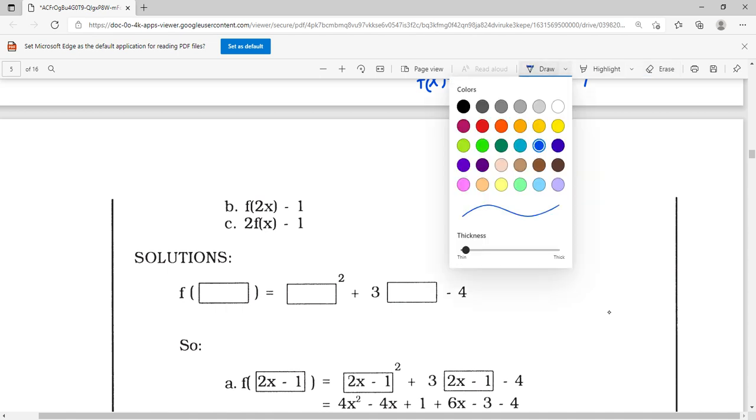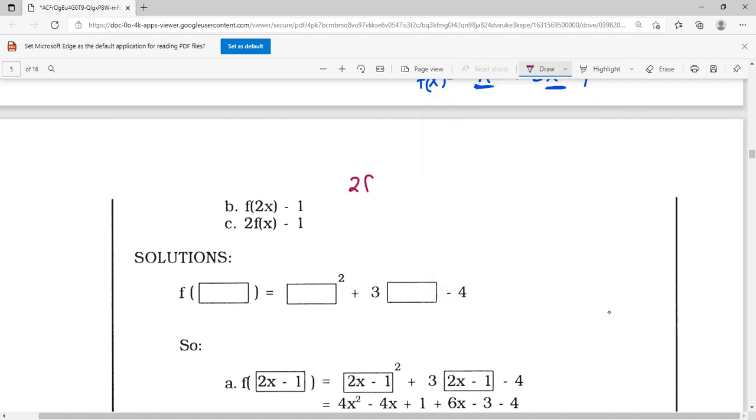All right, this next one. For C, we've got 2 times f of x minus 1. Okay, so notice something right here. We don't have anything in our f of x box. We're multiplying the function times 2 and then subtracting 1.